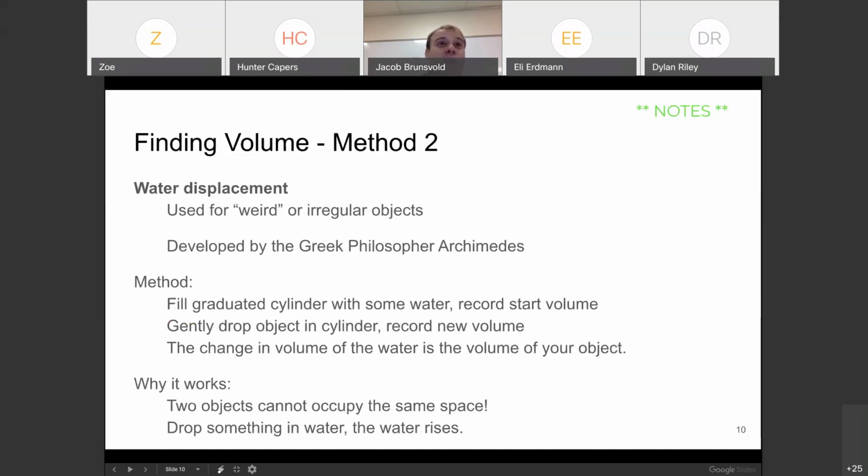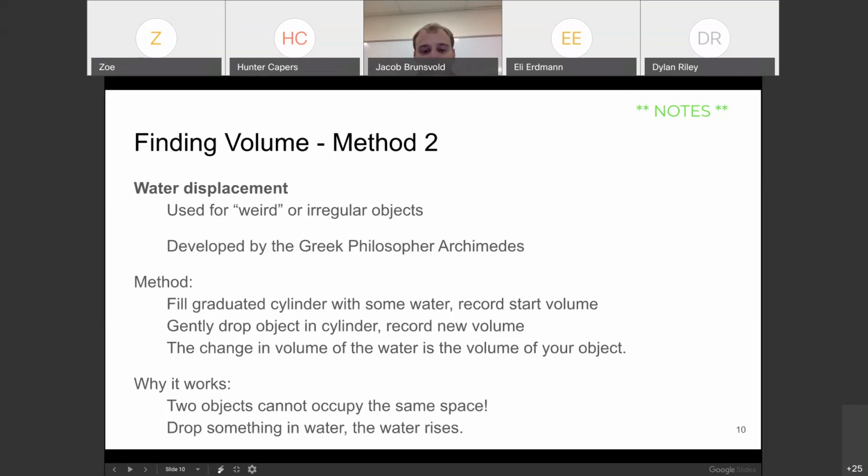I don't actually know if it's true or not, but the story goes that Archimedes was taking a bath, and he was trying to come up with an answer to this problem: how do I find the volume of an object when I can't simply calculate it with math? So the story goes that he sat down in the tub and saw the water level rise. And at that point, he had an epiphany and started running naked through the streets, screaming, "Eureka, Eureka, I found it."